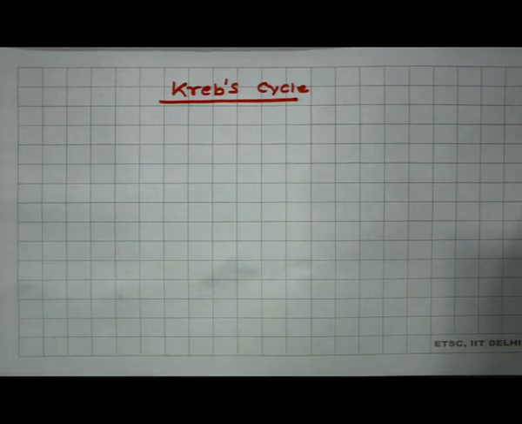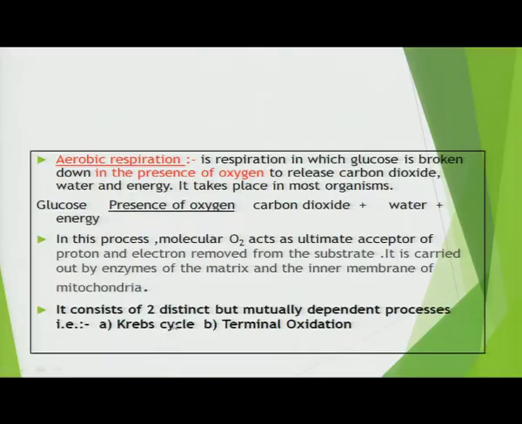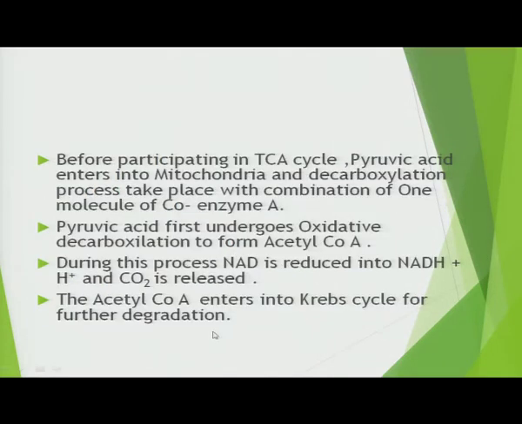Here it consists of 2 distinct mutually dependent processes, that is called the Krebs cycle and the terminal oxidation, which I have already discussed. Before participating in the tricarboxylic cycle, pyruvic acid enters into the mitochondria and the decarboxylation process takes place with the combination of one molecule of coenzyme.